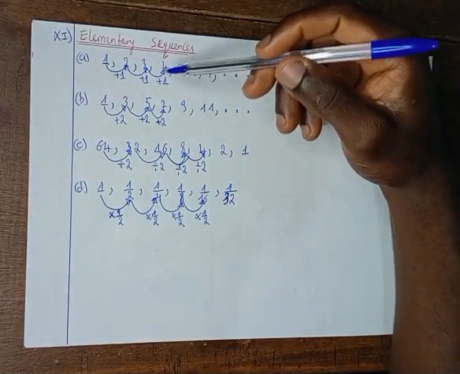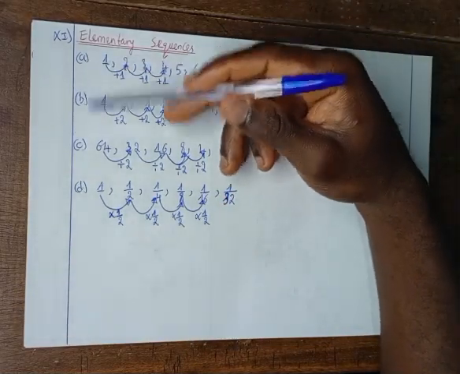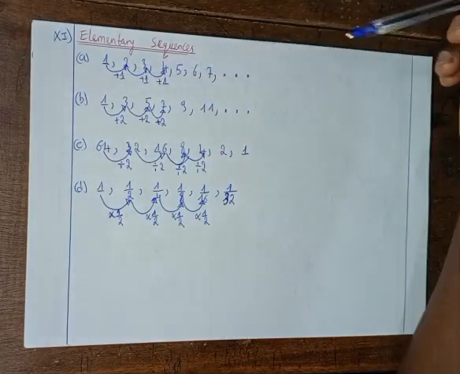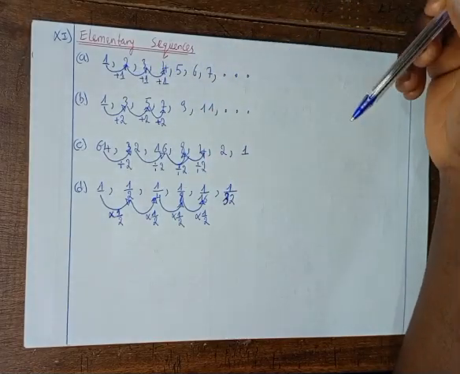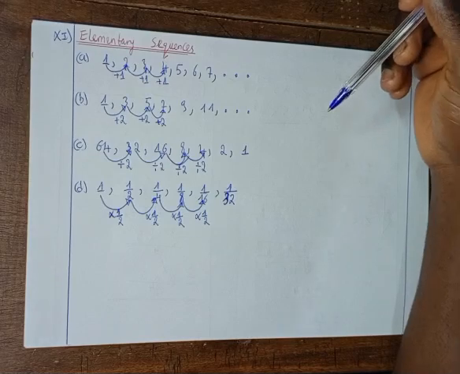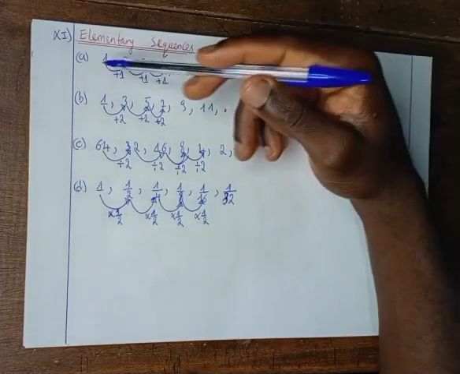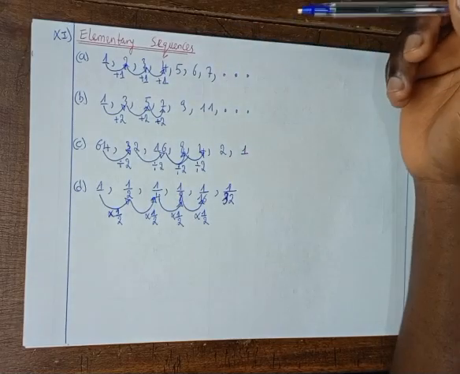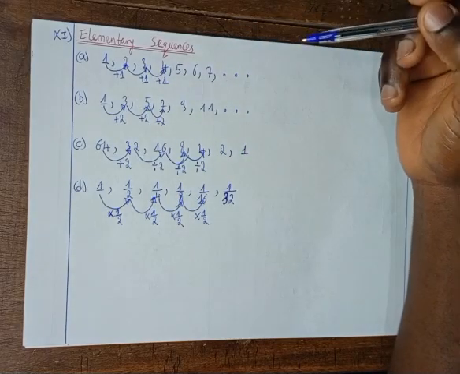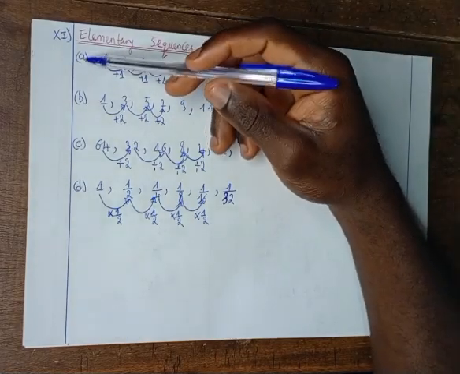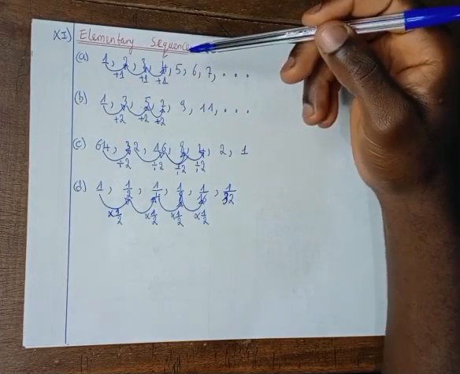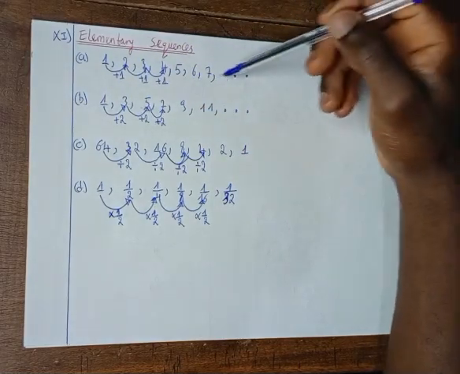So looking at these various cases here, A, B, C, D, you'll see that the numbers are defined in a particular order. A, B, C, D are all examples of sequences. In A, B, these two sequences are said to be infinite because they end with 3 dots.